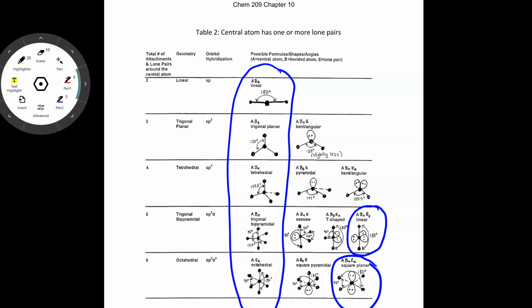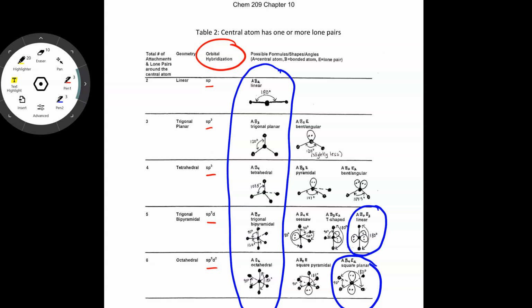What I want you to notice here is this column in your table where it says orbital hybridization, and you can see that these are organized based on that hybridization of the central atom. The type of question that you get related to orbital hybridization is often asking what is the hybridization of a given central atom in a molecule.